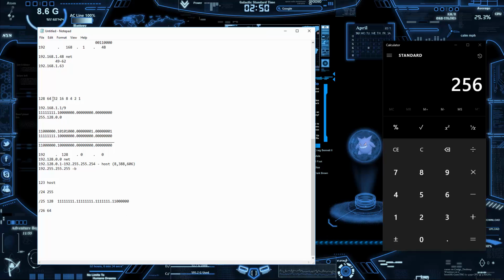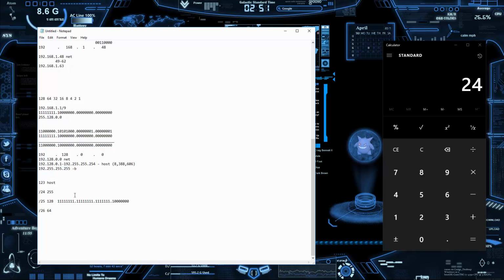Based on this, it's 64. And I mean, we can go into it, but it would be 128. Simple as that. What? I think I did that wrong. Yeah, sorry about that, I actually added one more zero. But like I said, the last one is 128, and what that means is you have 128 hosts.